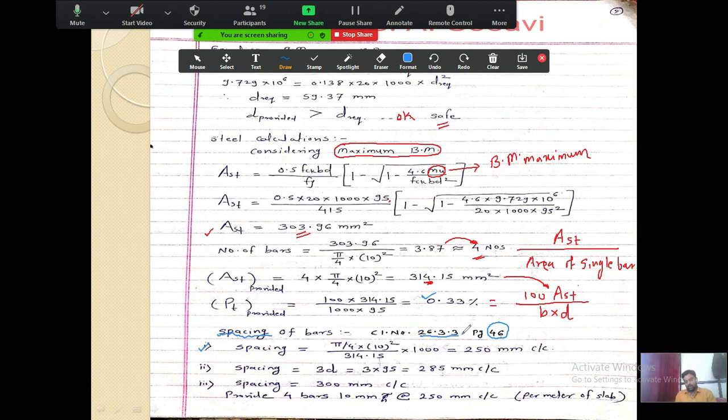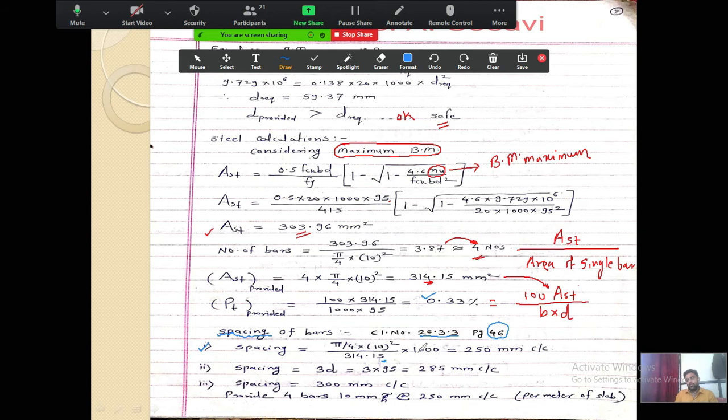The formula that I mistakenly wrote earlier, that formula is nothing but the formula for spacing. So here the formula for spacing is area of single bar, the area of one bar, divided by Ast provided. This is the total area of steel which we have provided. You always use the Ast provided while calculating the spacing, multiplied by width.